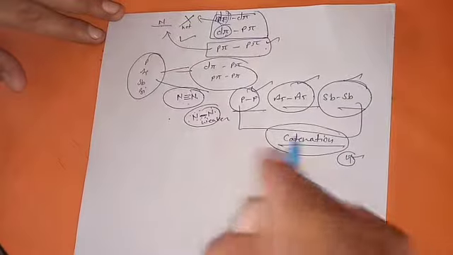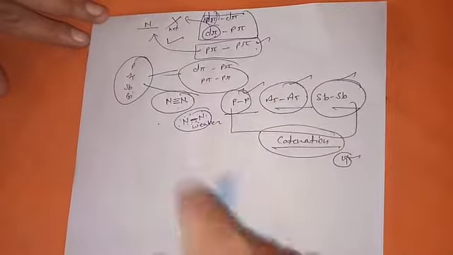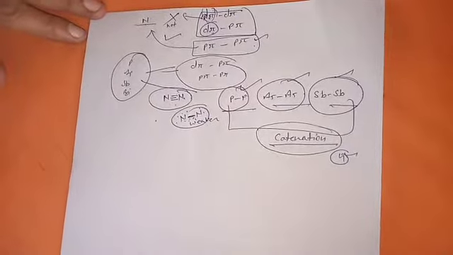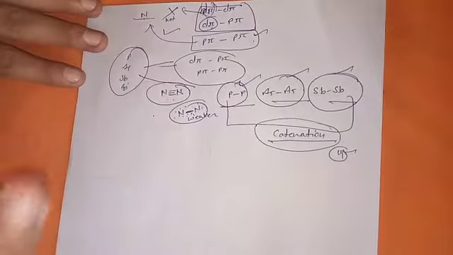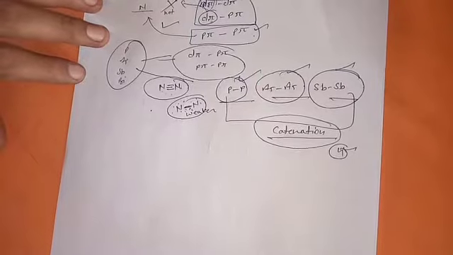Then it will not be able to form d pi p pi bonding. Third, it will never show the catenation property. So these are the anomalous behaviors which nitrogen shows as compared to the respective group elements.